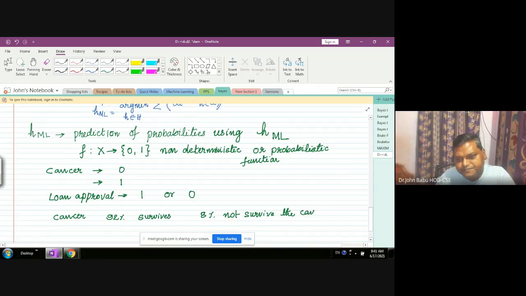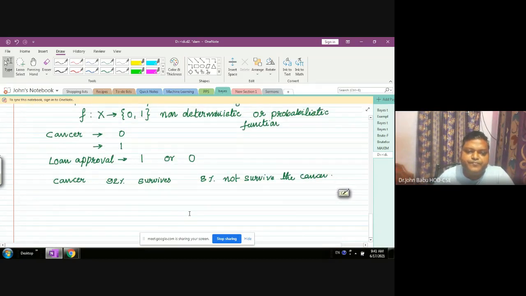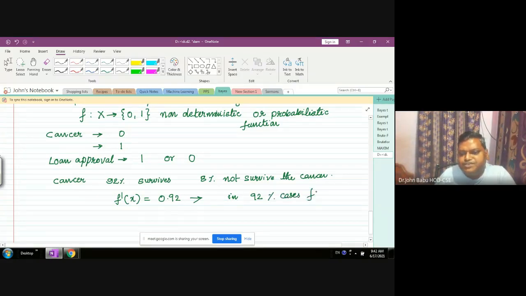Then what we say is, f dash x according to this data is equal to 0.92, and in 92% of cases, f of x is equal to 1 because they survive.